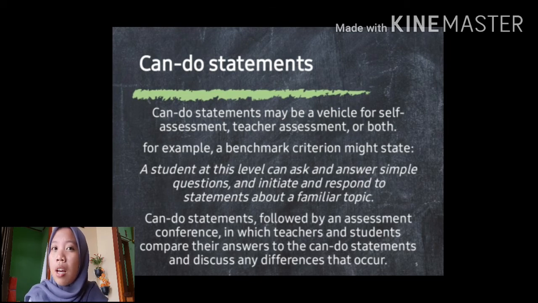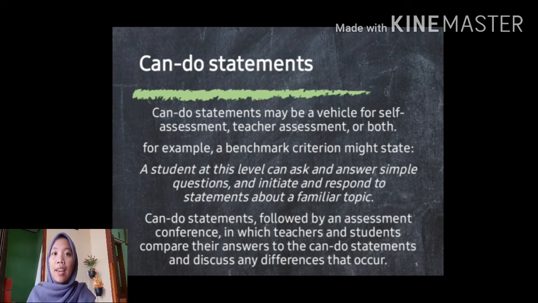For example, a benchmark criterion might state a student at this level can ask and answer simple questions and initiate and respond to a statement about a familiar topic. Can-do statements are followed by an assessment conference in which teachers and students compare their answers to the can-do statements and discuss any differences that occur.